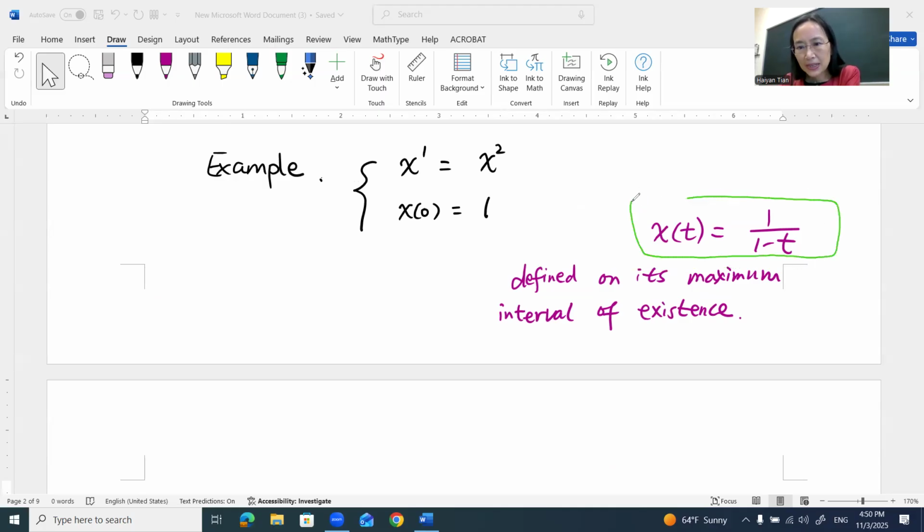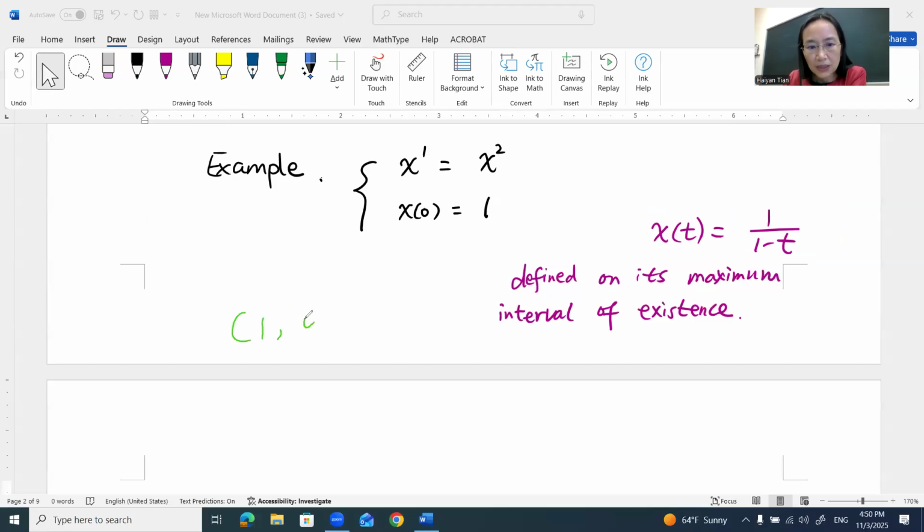After you have found the representation, let's see what the maximum interval of existence is. This representation tells us that t should not be 1, otherwise the denominator is 0, so the solution is undefined. So if it's not 1, then we exclude 1.